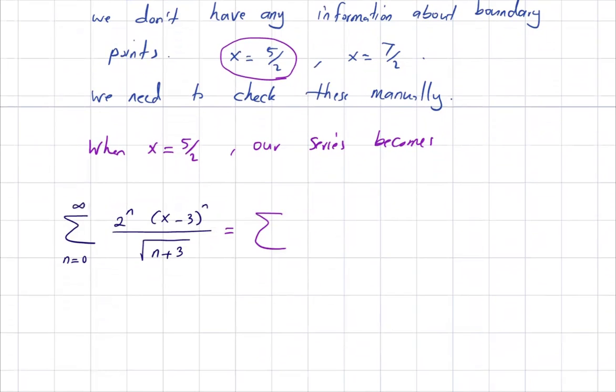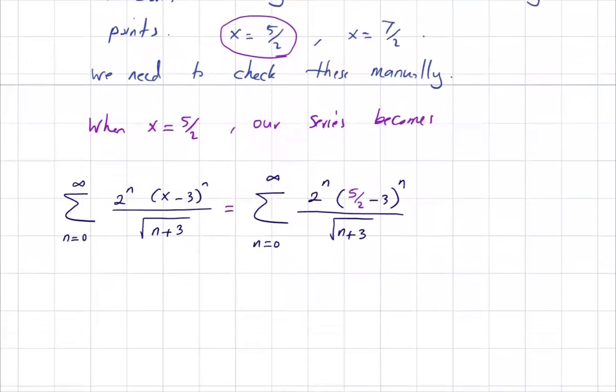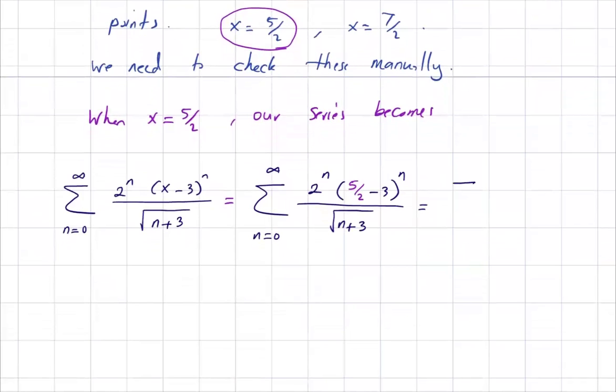Let me just simplify this and write with the same color, just change the x value so you see what we are doing, and start from 0 to infinity. 2 to power n, (x minus 3) to power n divided by square root of n plus 3. This x is just 5/2. So you get the series of the summation of 2 to power n, times (5/2 minus 3) to the n, over square root of n plus 3.